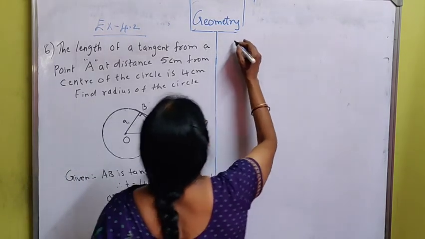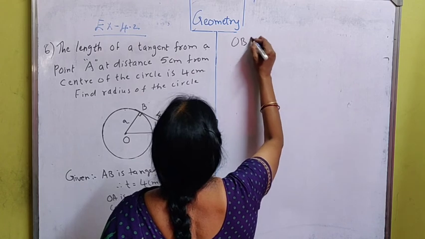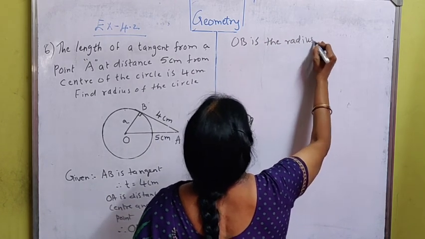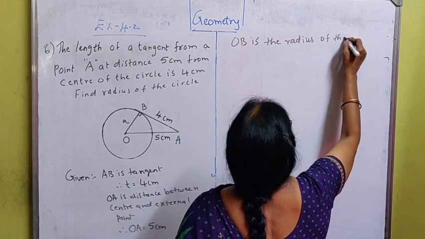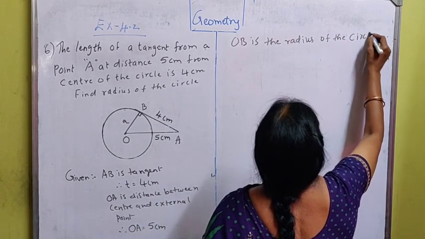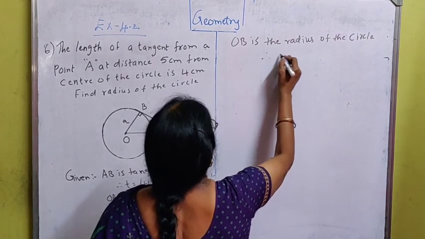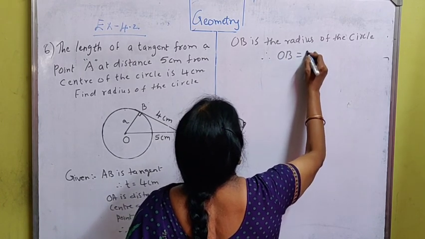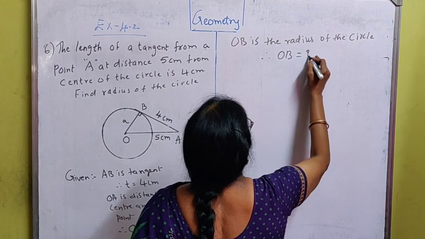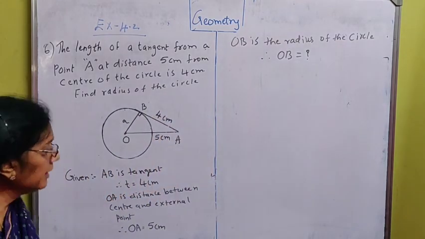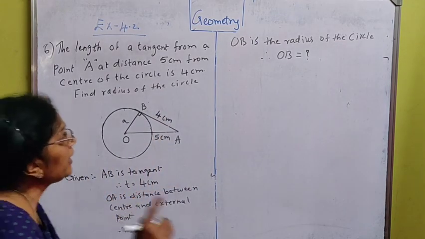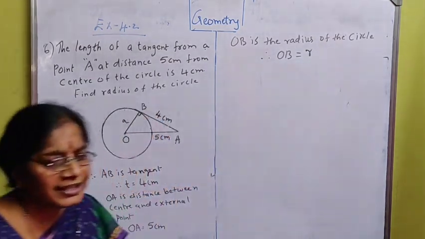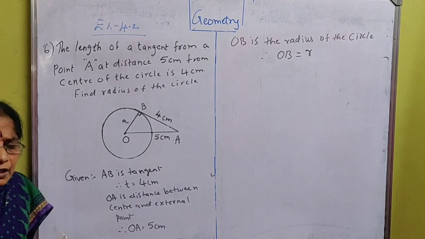Then OB is the radius of the circle. Therefore OB we don't know, you have to find out. Let us take it as R because it is the radius of the circle.